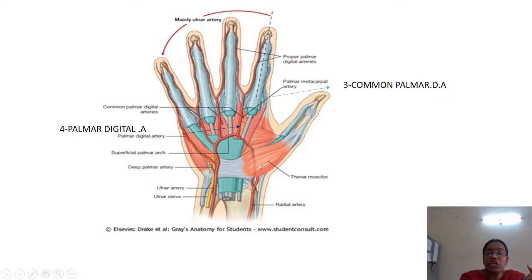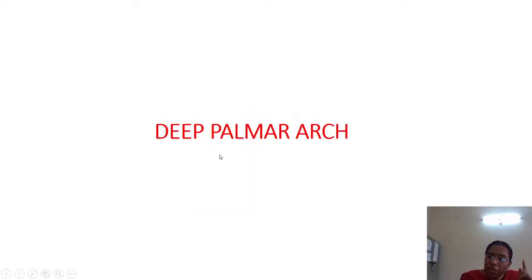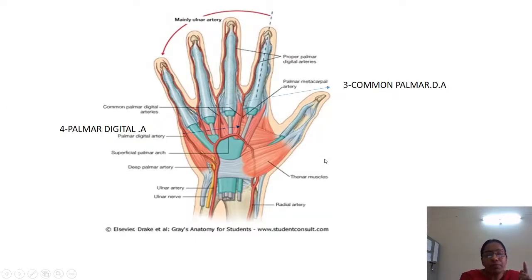One thing to understand: if you have seen the superficial palmar arch, its branches are the proper palmar digital artery to the ulnar side of the little finger, and the 3 common palmar digital arteries, which divide into 2 proper palmar digital arteries each, supplying either side of the little finger and the ring finger.